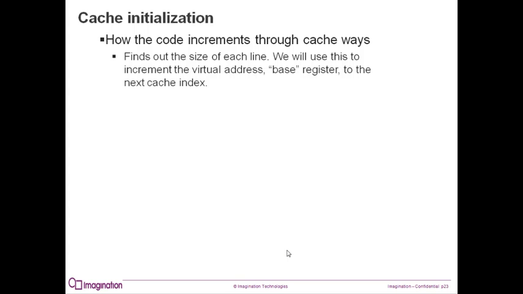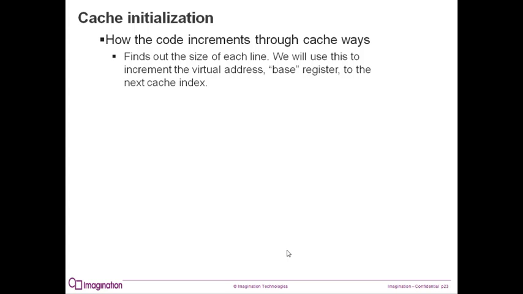I want to explain one slightly tricky thing that will happen in the code. The index type of operation can be used to address a byte in the cache in a specific way of the cache. This is done by breaking down the virtual address argument stored in the base register of the cache instruction into several fields.